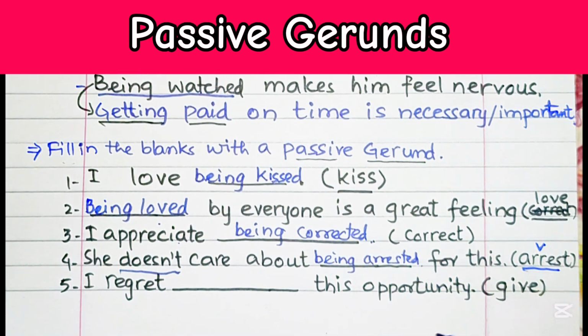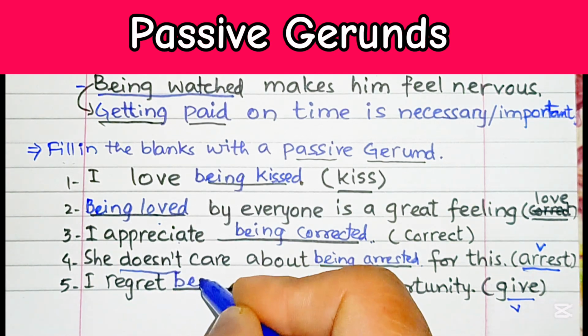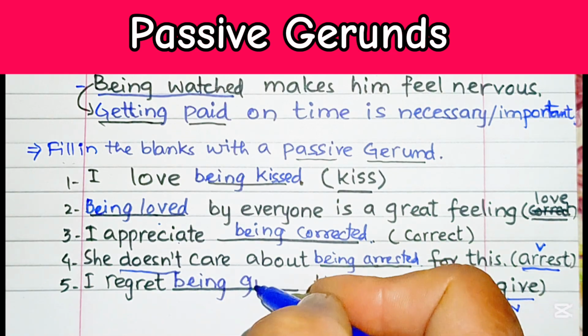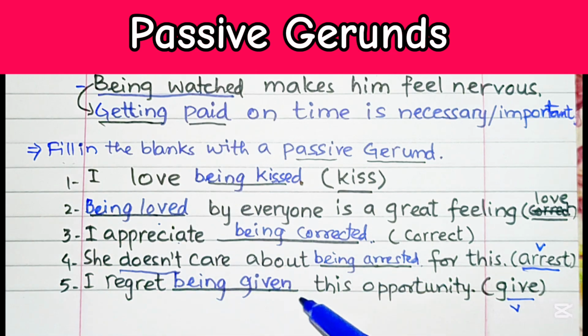She may have a very sacred cause. I regret, and then there is a blank space, this opportunity, and the verb that is to be employed is give. So I regret, then this passive gerund being, and the past participle of give is given. So I regret being given this opportunity.